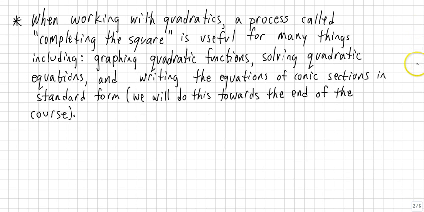All right, so because we already know how to find their degree and how to add and multiply them, since they are just polynomials, the first thing we're going to learn that's specific to quadratics is a process called completing the square.